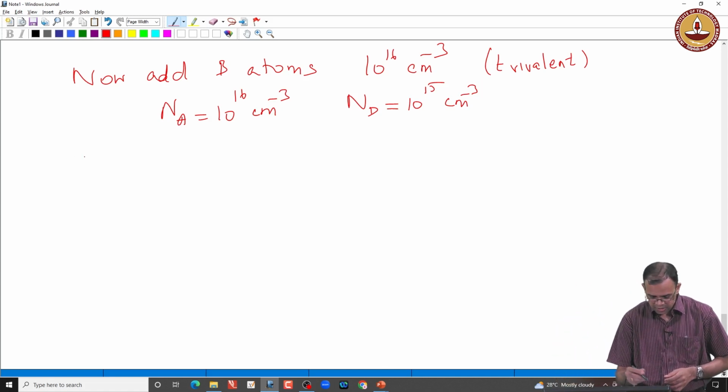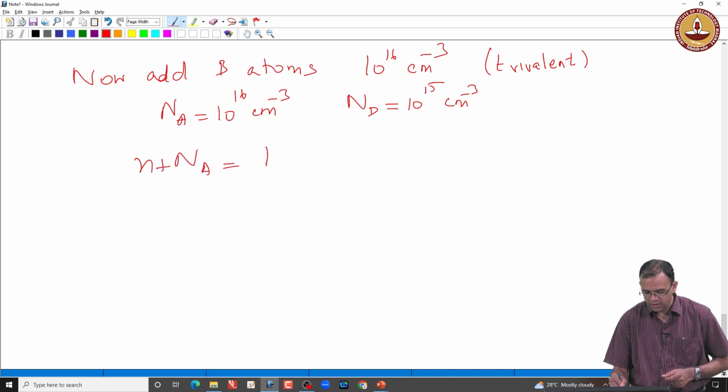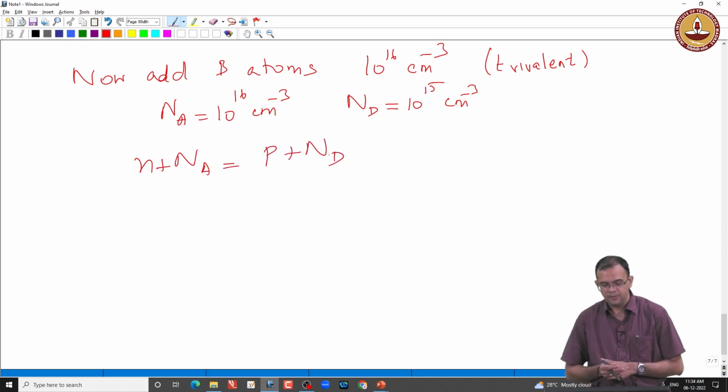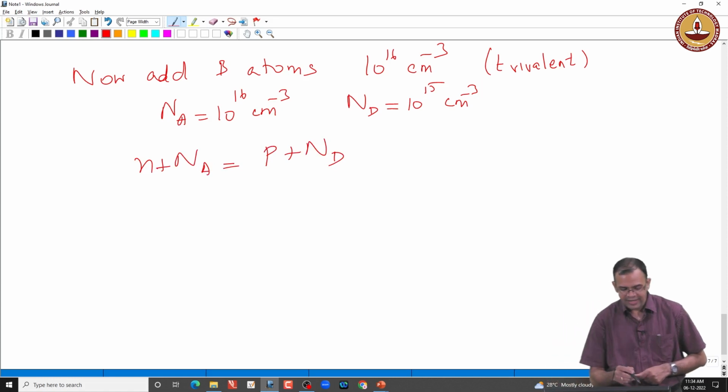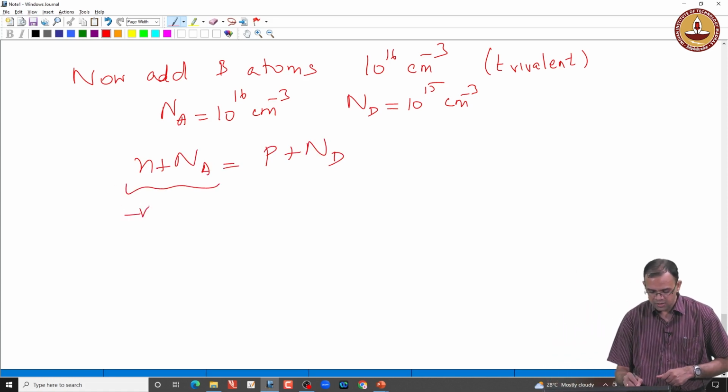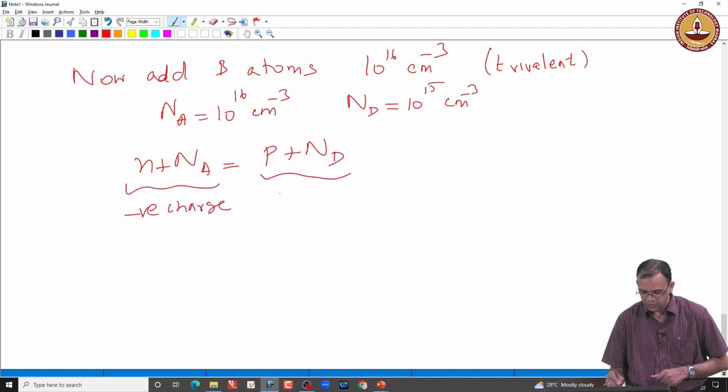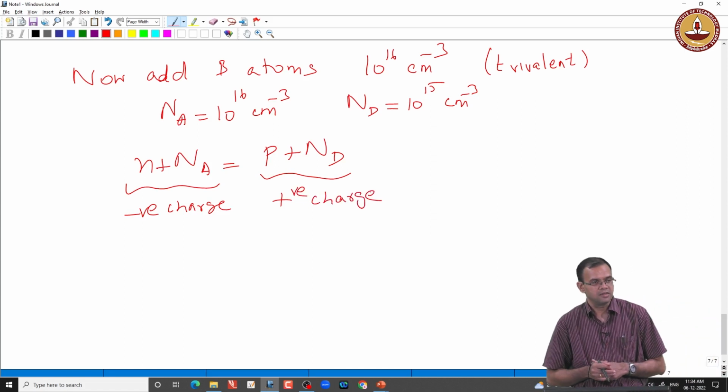I can now write the charge balance equation. So N plus Na is P plus Nd. All the negative charges on one side and all the positive charges on the other side.